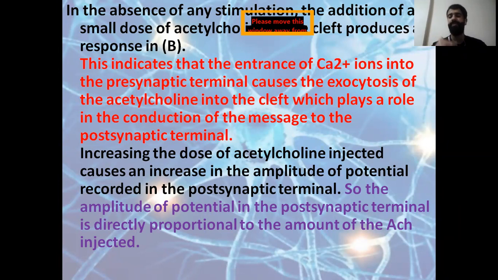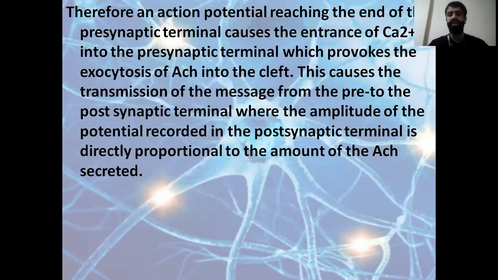And we said that the amplitude is directly proportional to the amount of acetylcholine. As we increase the amount of acetylcholine, the level of the potential difference will increase. So this is the conclusion. Whenever an action potential reaches the presynaptic terminal, it causes the entrance of Ca2+.